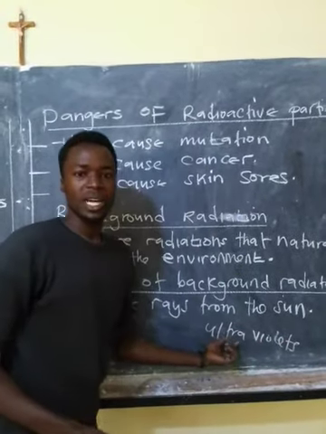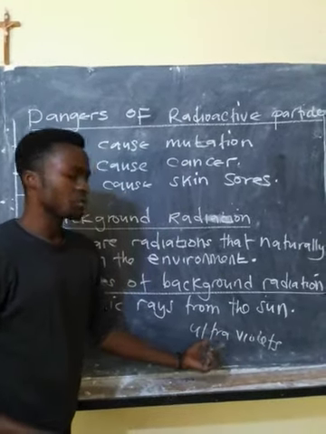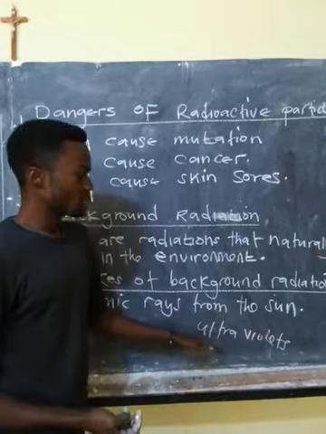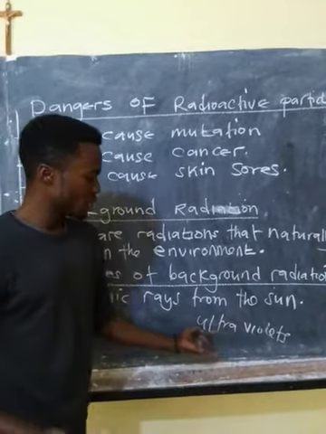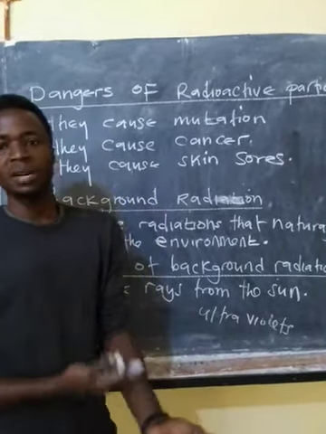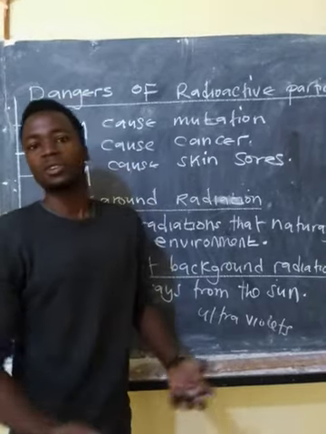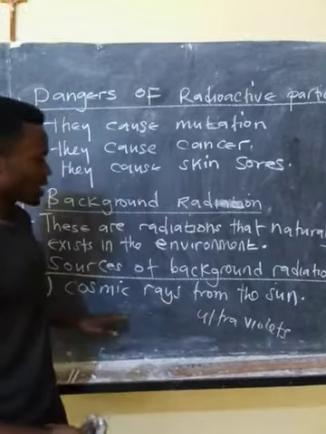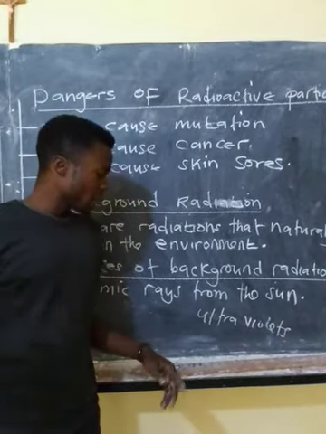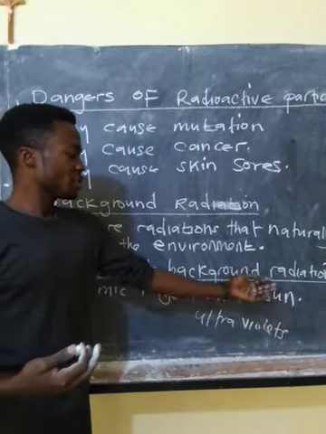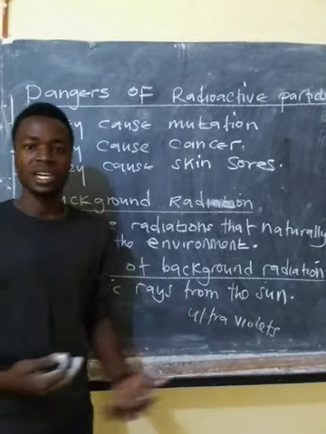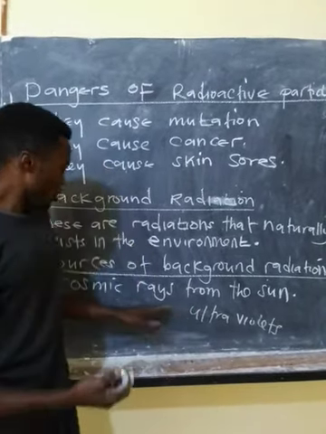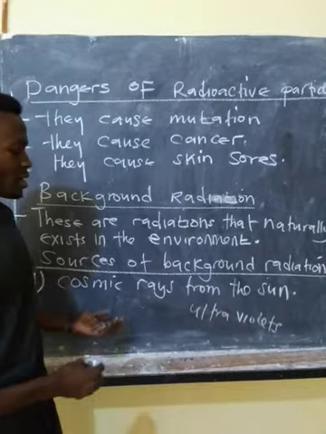So these have got an effect. When you're exposed to these radiations, they might have some effects on your skin, or they can cause some mutations, or they can cause cancer. So these are rays that come from outer space. They also have some effects. So this is one example of the background radiations. So cosmic rays are from the sun.